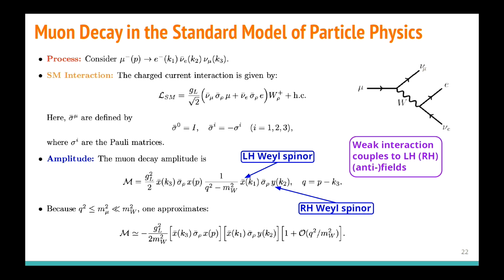So the one right-handed Weyl spinor is coming from the antineutrino, the electron antineutrino, and all of the others are left-handed Weyl spinors. So now if we consider the regime where the mass of the muon squared is greater than the momentum flow here and much less than the mass of the W boson, we can expand this propagator as 1 plus order of q squared by m_W squared, and this minus of g_L squared by 2 m_W squared comes in front.